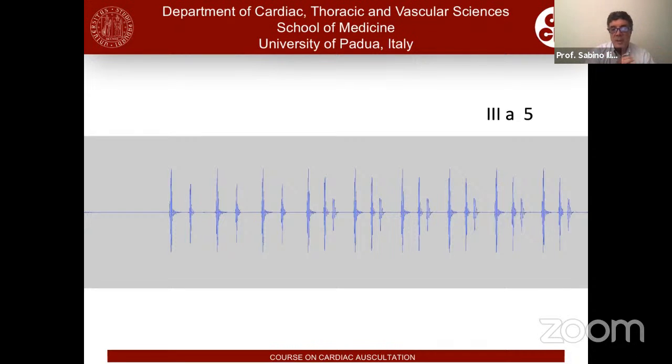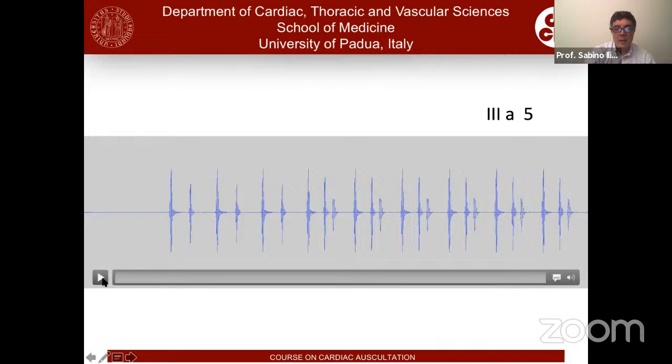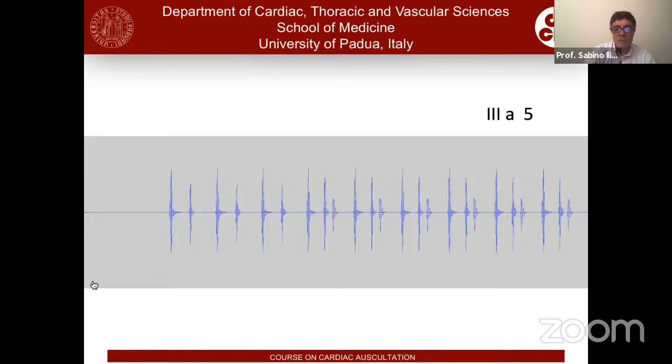Then we shall redo the same recording without watching the screen, with the eyes closed. So let's start with the first modality, eyes open, watching the phonocardiogram.